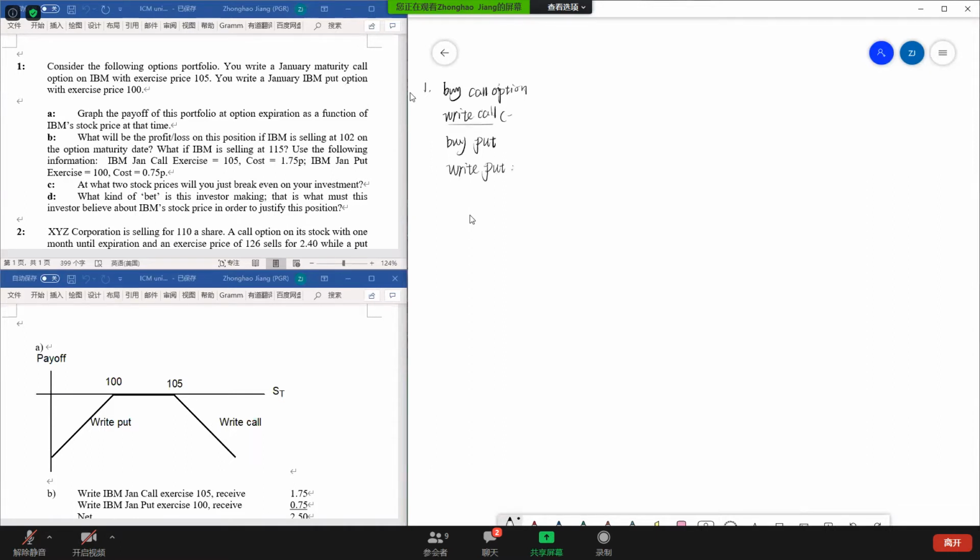Write call option here means sell call option. So the payoff of a buy call option is the larger value between 0 and the spot price minus the exercise price.